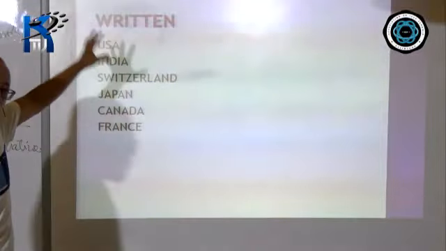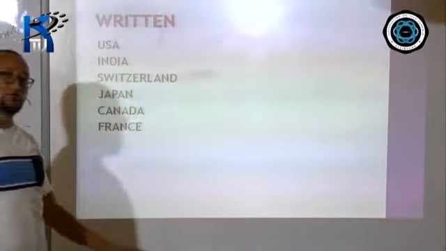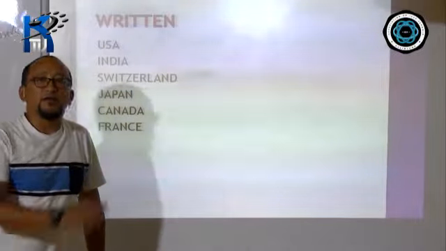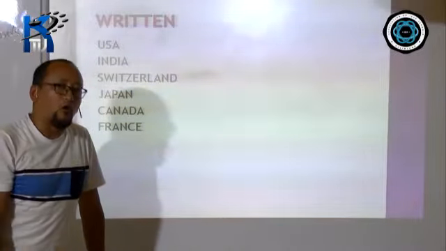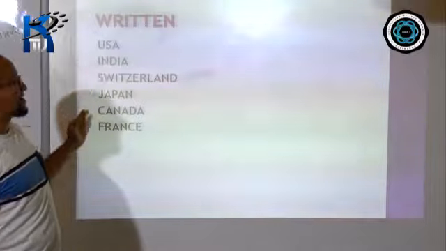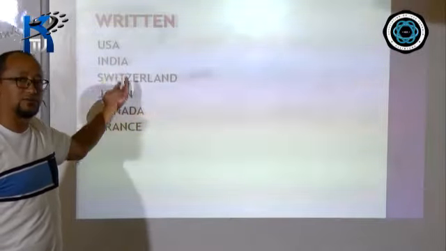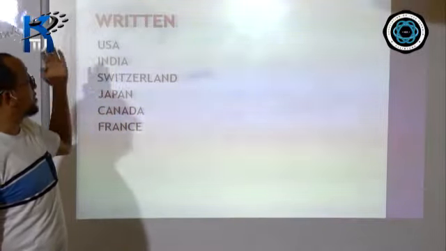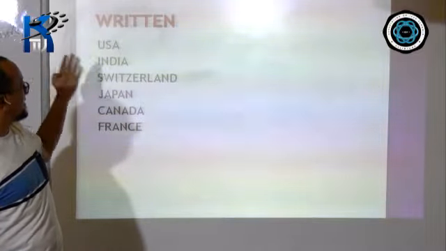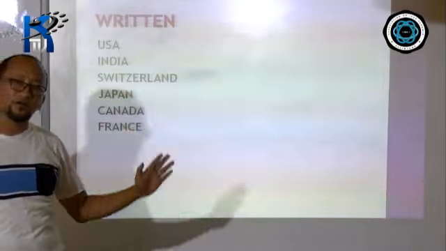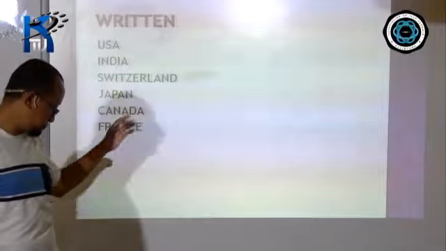So written constitutions are those where you have everything in a written form. At least remember a few of the names of the countries which follow a written constitution: US, India, Switzerland, Japan, Canada, France.